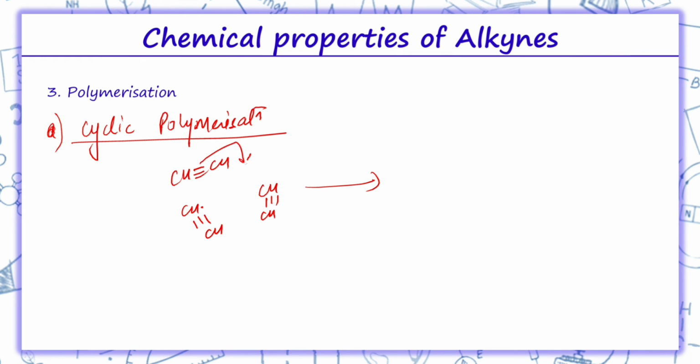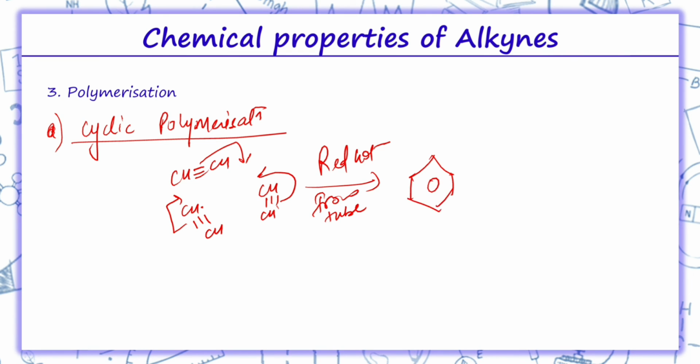The bonds are opened in the presence of the red hot iron tube, and we will get benzene. Since three moles of acetylene combine to form a closed ring structure, it is known as cyclic polymerization.